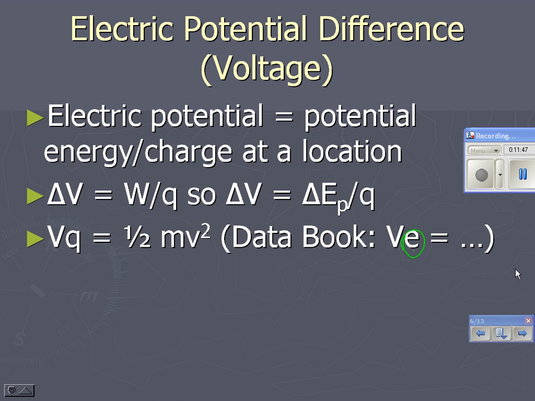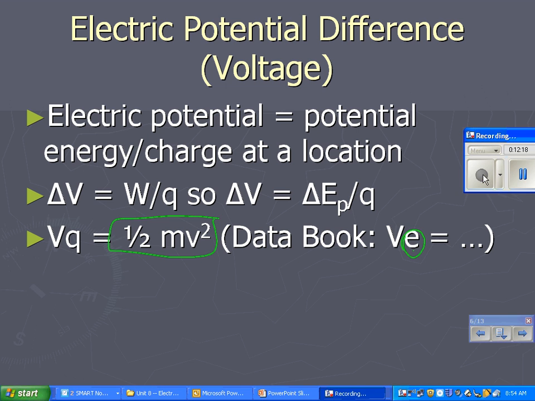So if I take the charge of the electron that's moving through a potential difference, and I multiply it by the voltage, I can calculate how fast that electron will be moving, assuming I know the mass of the electron. Pretty cool. If you look at your data booklet, I believe this is the first equation in the electricity section, topic 5. Just be aware that's what they're talking about there.